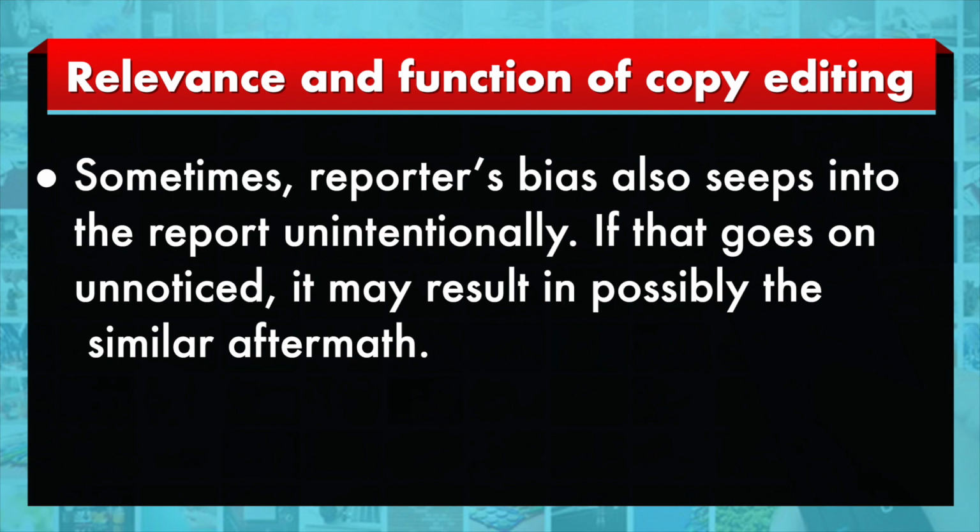Certainly, it is the copy editing that saves a newspaper editor, the printer, and publisher from paying a heavy price for an unnoticed mistake. Therefore, copy editing is one of the most relevant and necessary steps in the process of publication. Let's discuss the principles and elements of copy editing.